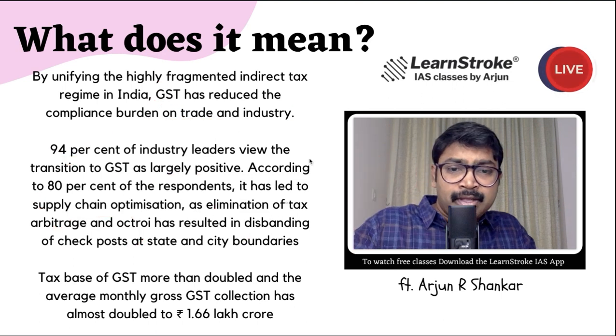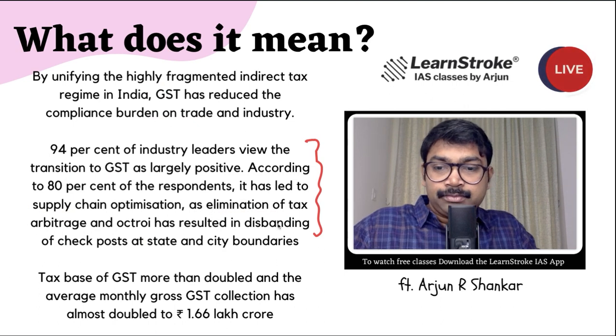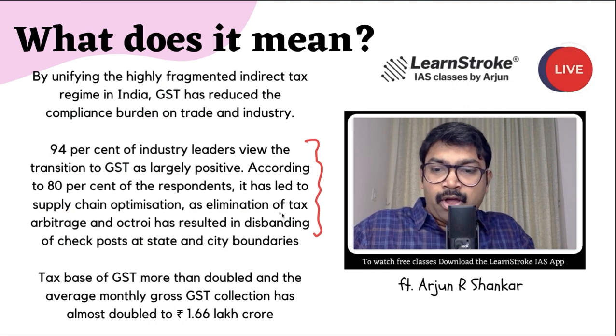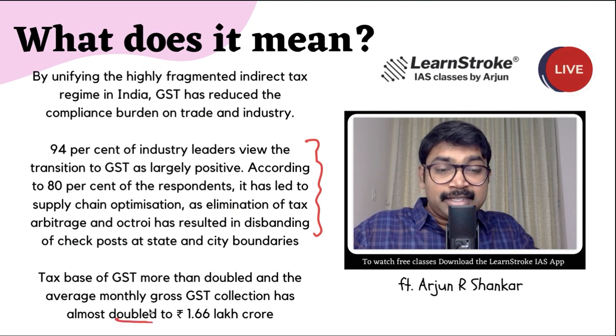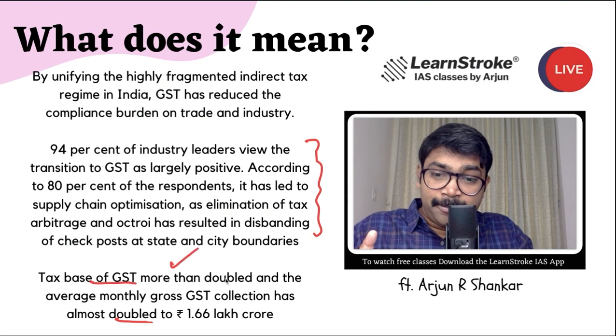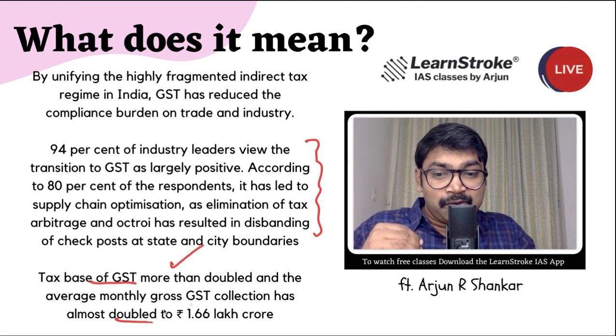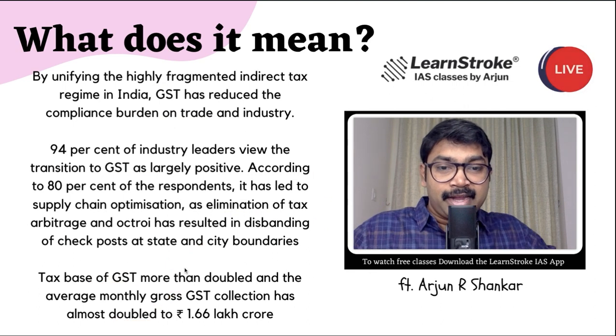So definitely these are the advantages of GST that we have to know. Tax base of GST more than doubled, and average monthly GST collection has doubled. So this is what we noticed in the previous classes. Tax base of GST has doubled, and the average monthly collection of GST has also doubled, which is a good thing. People are paying taxes, something that we can understand at this point.